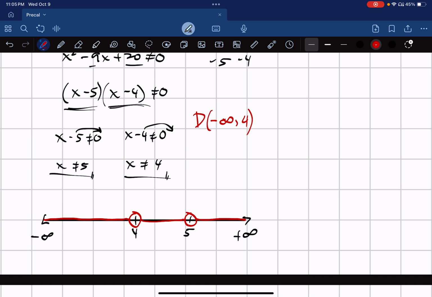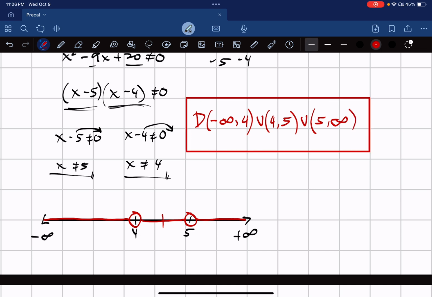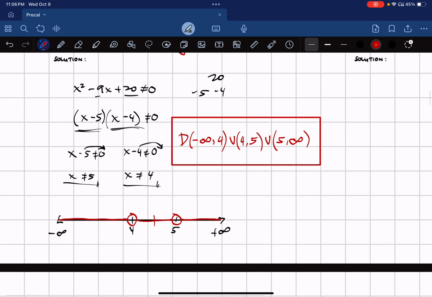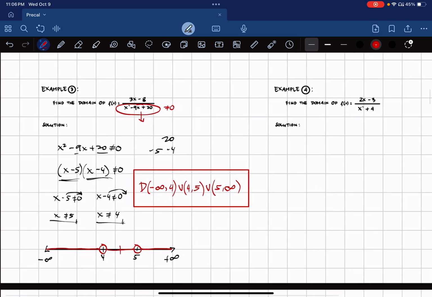Then we also have values from 4 to 5, such as 4.5 and 4.6, joined by a union. And then another union for values from 5 to infinity. So, that is our domain for this function. What is your domain?